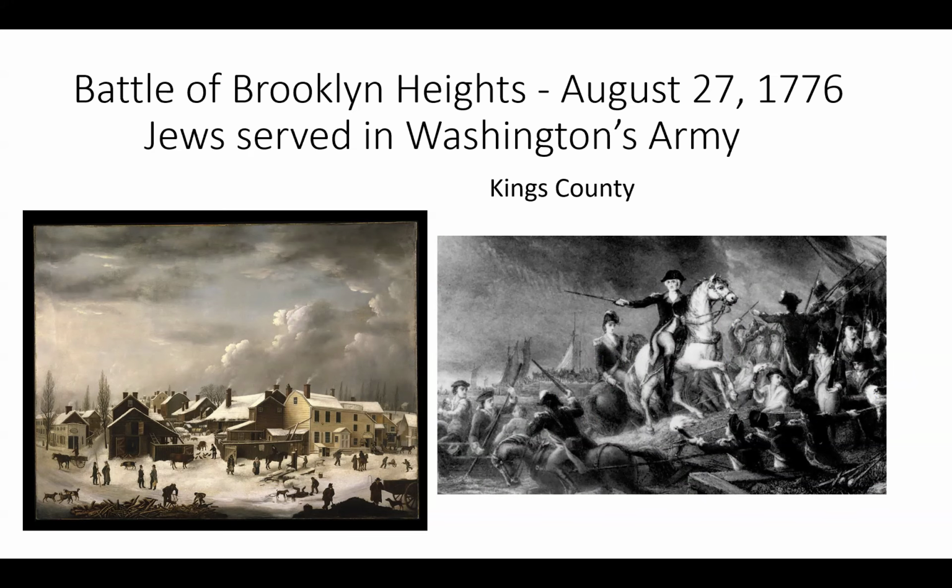We do know that there were Jews serving in Washington's army, that they had already established a presence in Philadelphia and as far south as the Carolinas. Well, George Washington was basically a pretty lousy general. And so the Battle of Brooklyn Heights was a big defeat for him. He fled across the East River to Manhattan and was pursued by the British.